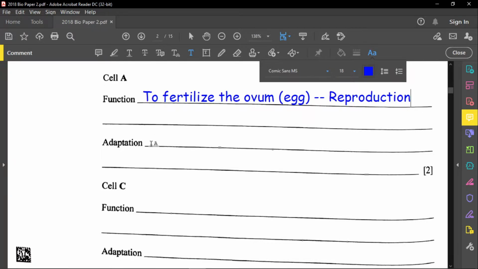And so what is the adaptation here that allows the sperm to meet the egg? It is that the sperm cell has a tail.